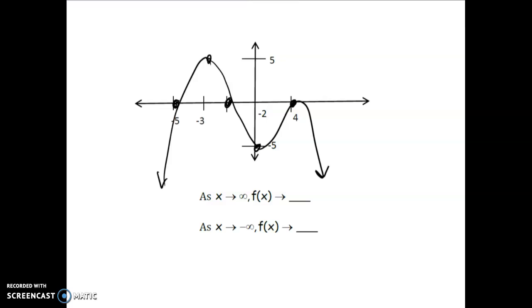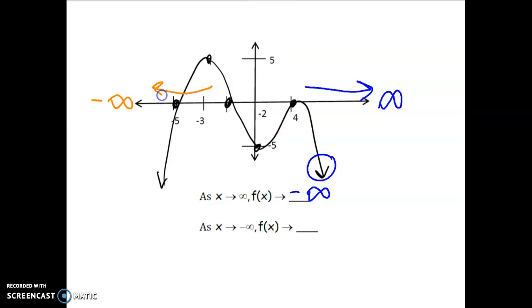All right, let's try this one. So as x goes to infinity, all right, well, here's infinity over here on the right. What is f of x doing? As I go toward the right, this time f of x is going down. My y values are decreasing towards negative infinity. All right, how about this one? As x approaches negative infinity. Well, negative infinity is over here on the left.